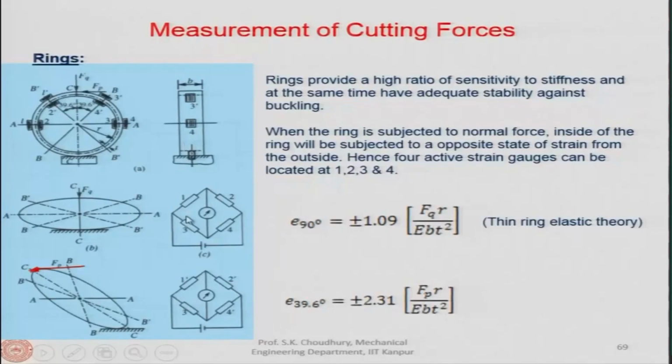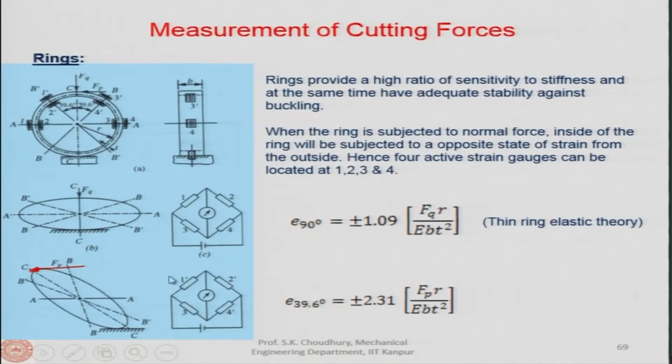So, this E90 we can actually measure from the galvanometer. Put that value here, multiplied by E, B and T square divided by R and 1.09. Then you can find the magnitude of Fq.